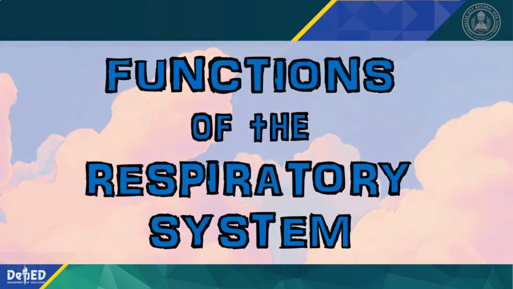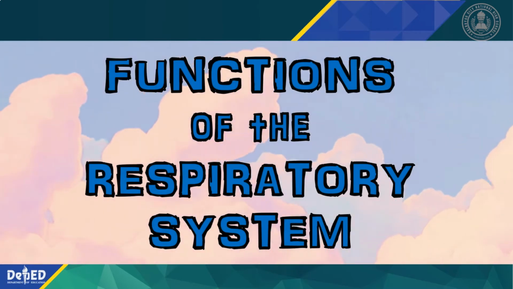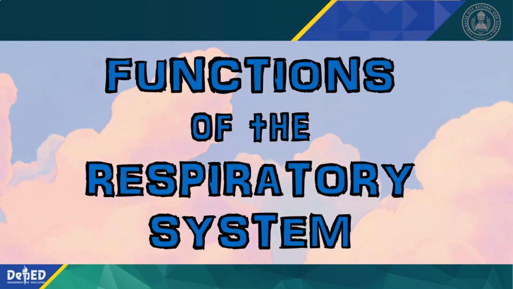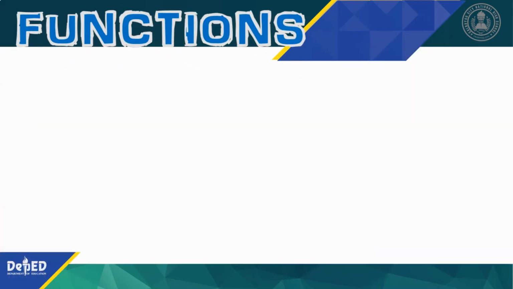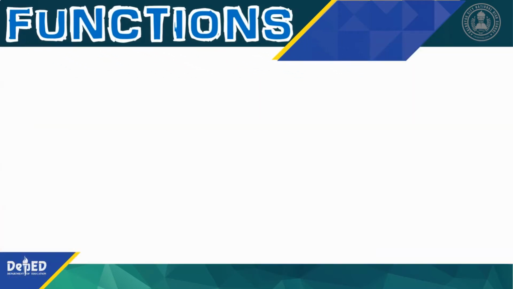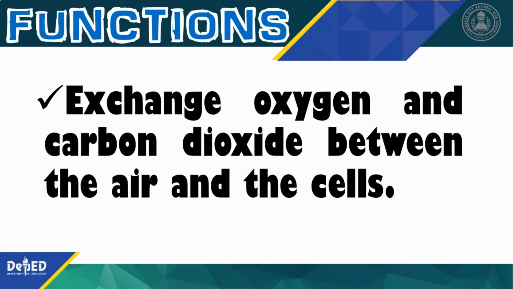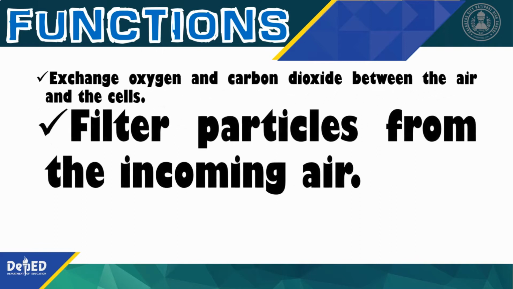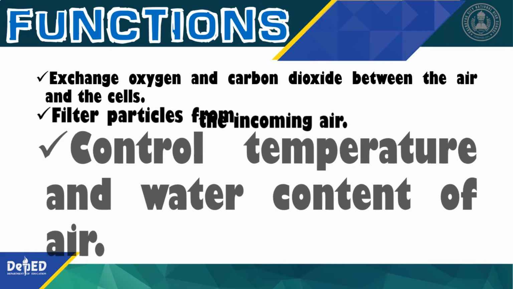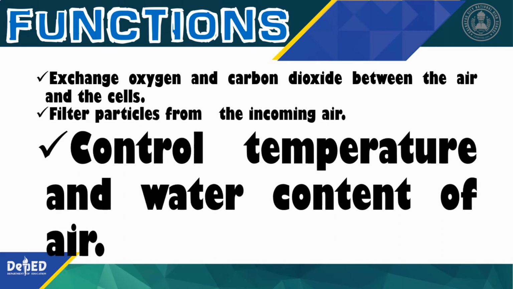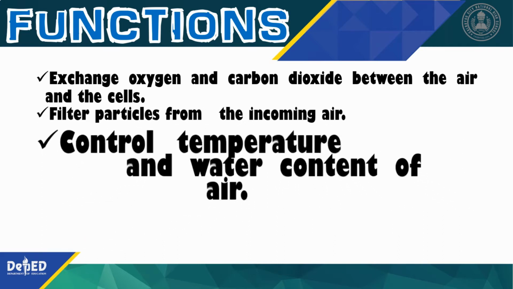Let us now discuss the functions played by the respiratory systems in our body. First, our respiratory organs exchange oxygen and carbon dioxide between the air and the cells. Second, it filters particles from the incoming air. Third, it helps control the temperature and water content of air.